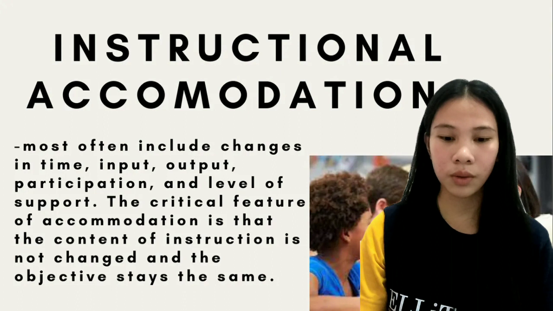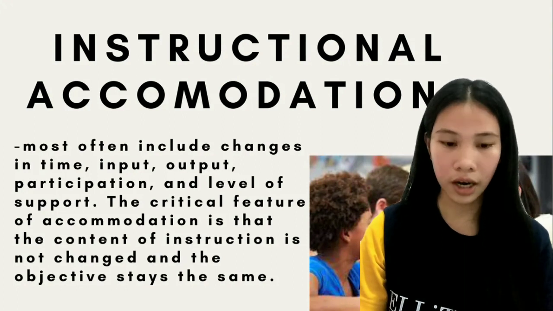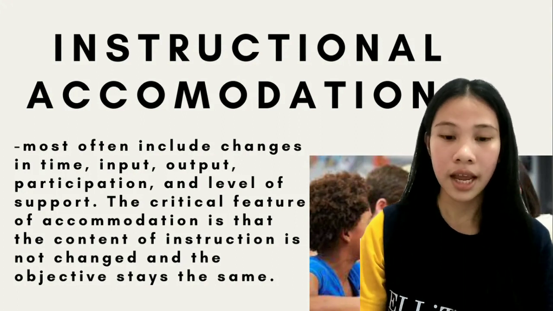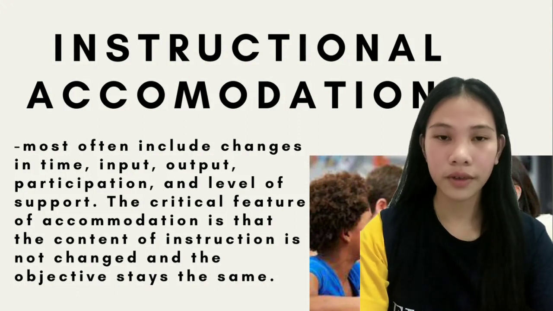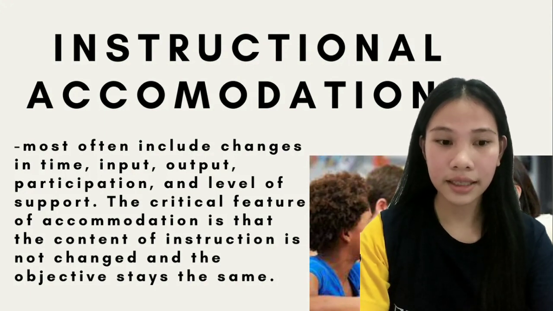Next, we have instructional accommodation. Instructional accommodations most often include changes in time, input, output, participation, and level of support. The critical feature of accommodation is that the content of instruction is not changed and the objective stays the same. An example of instructional accommodation is when a student with a learning disability struggles to identify and remember important information.